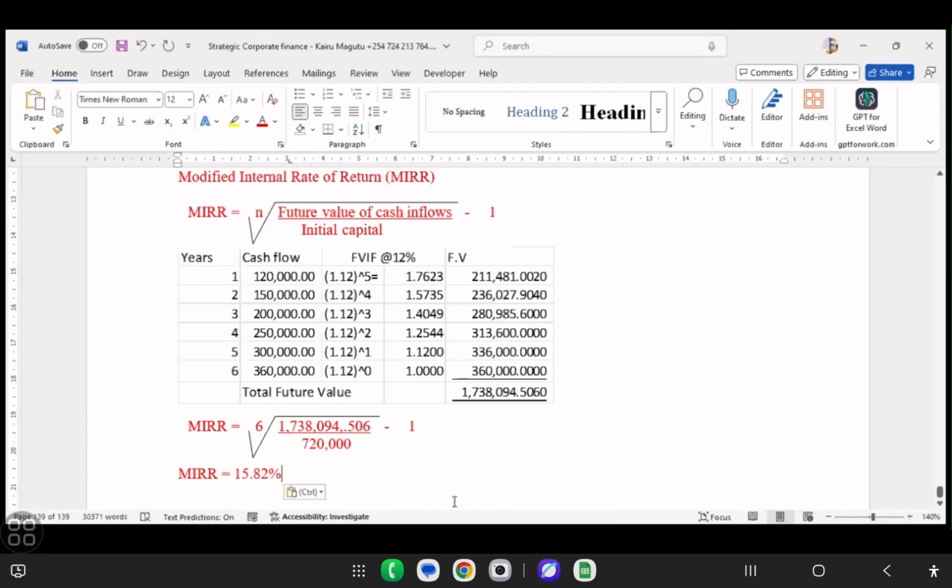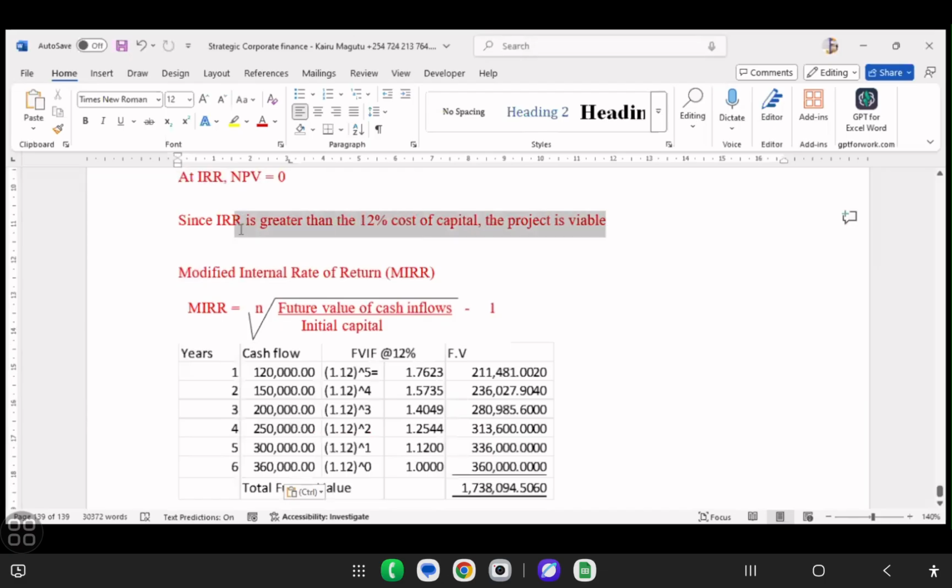So if you can see my screen, that is the way to determine the modified internal rate of return. Its verdict is the same as the internal rate of return. Being greater than the cost of capital, the project is viable. So allow me to just borrow that statement up here.